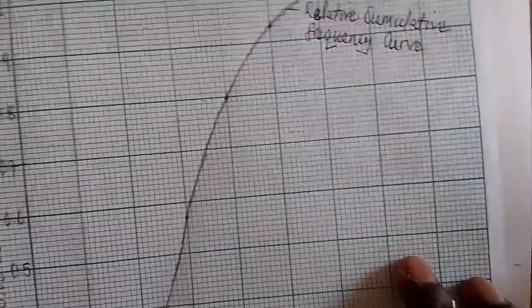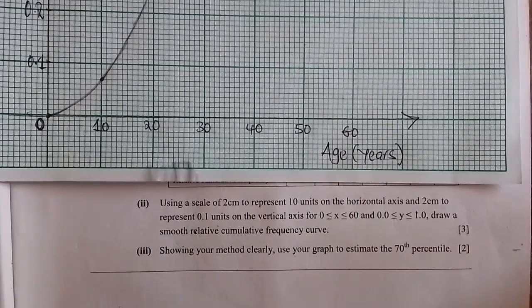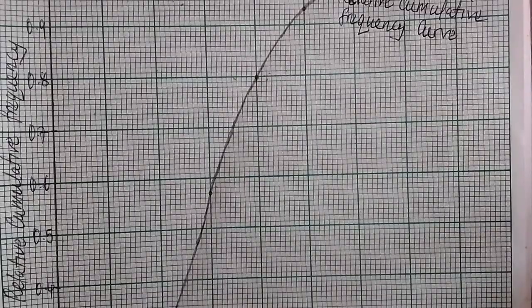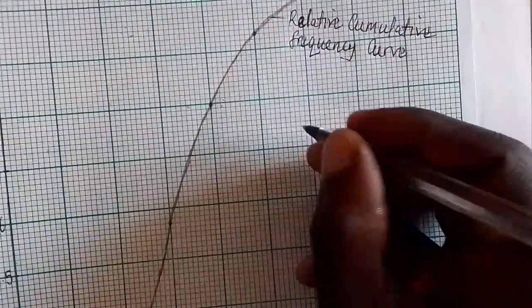After doing this, all we now have to do is answer the last part, which is showing your method clearly: use your graph to estimate the 70th percentile. The 70th percentile is just 70% of the distribution.